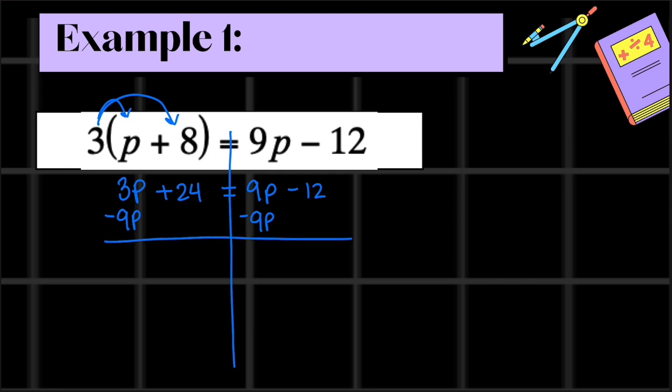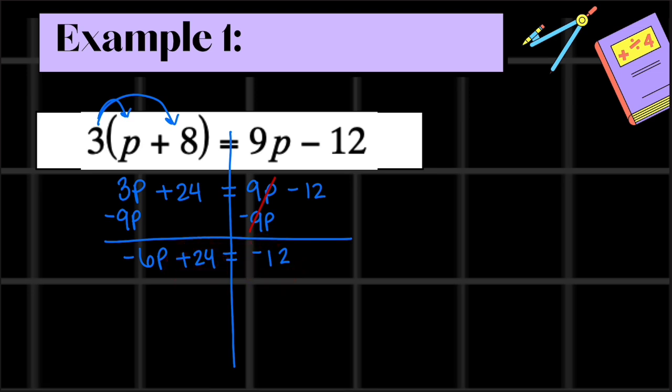So now on the right, 9p minus 9p cancel out. 3p minus 9p is negative 6p plus 24 equals negative 12. Now my variables are on the left. Now I just need to move my constants to the right. My constants in this case are again 24 and negative 12.